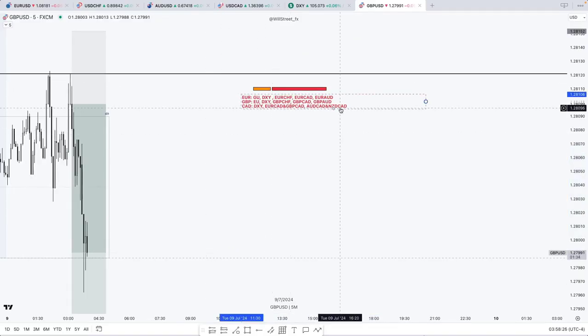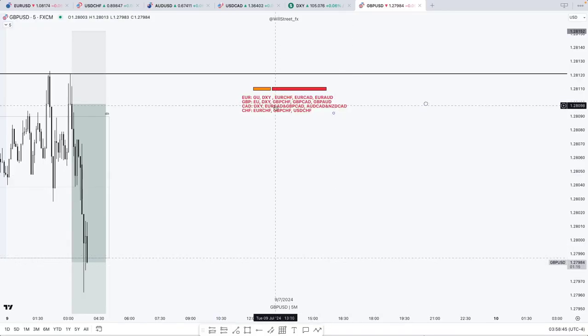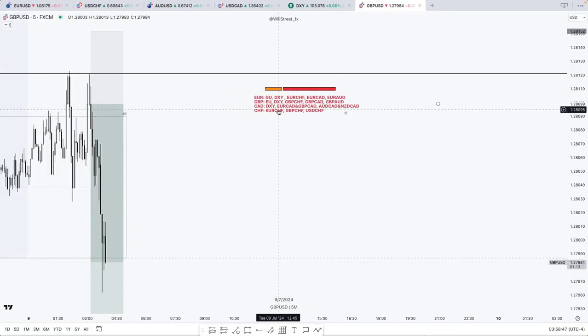Next pair. That pair I am only trading with the news. I have 2 news that I can trade that pair, which are the interest rates and CPI.